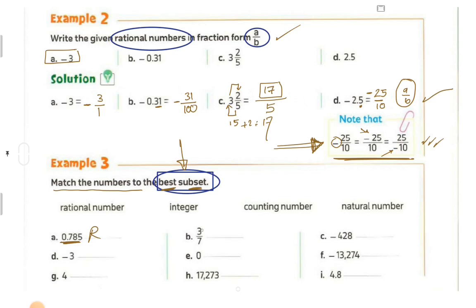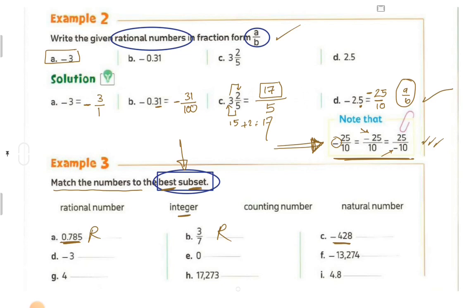P: 3 over 7. 3 over 7 is not counting, not integer. It's a rational number. Here, negative 428. Note that negative 428 is included in the integers, right? It's a negative number.